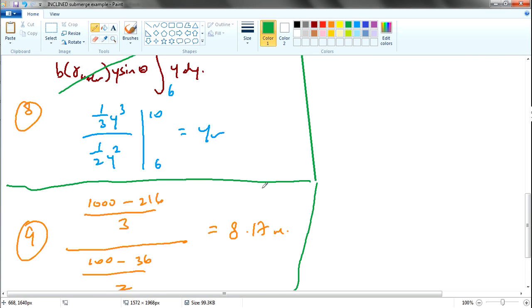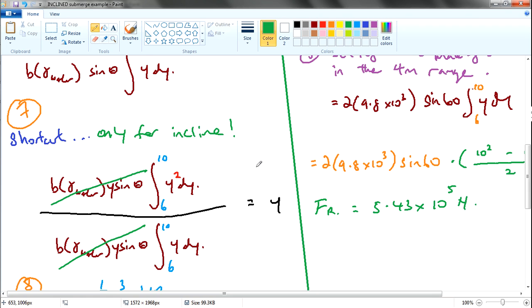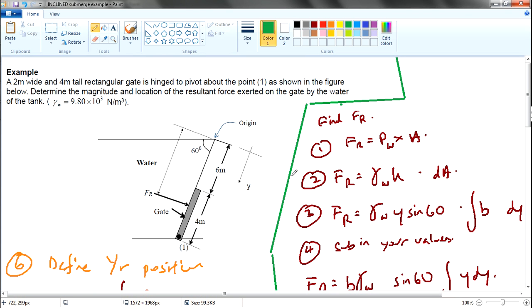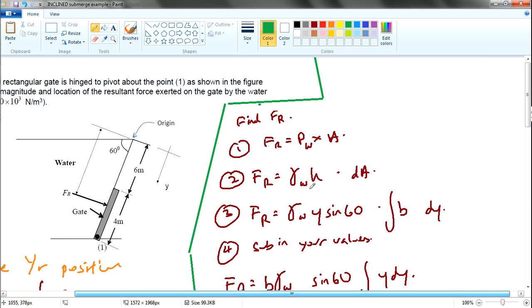Just to summarize before I end everything: first you find your force that is acting perpendicular to the gate, and the equation itself you have to spell out. So it's F equals PA.